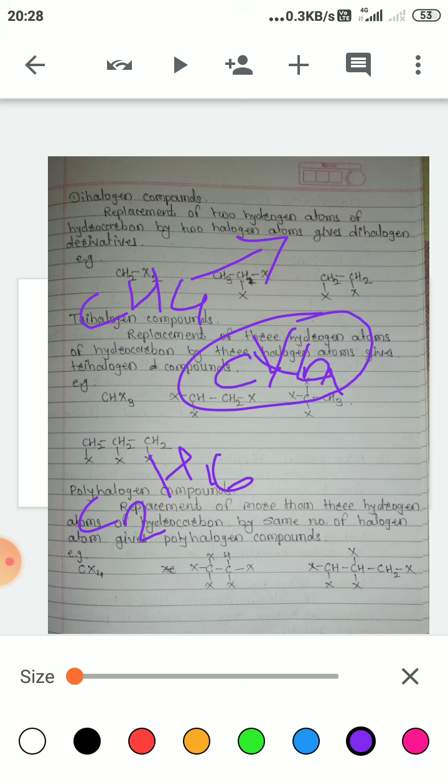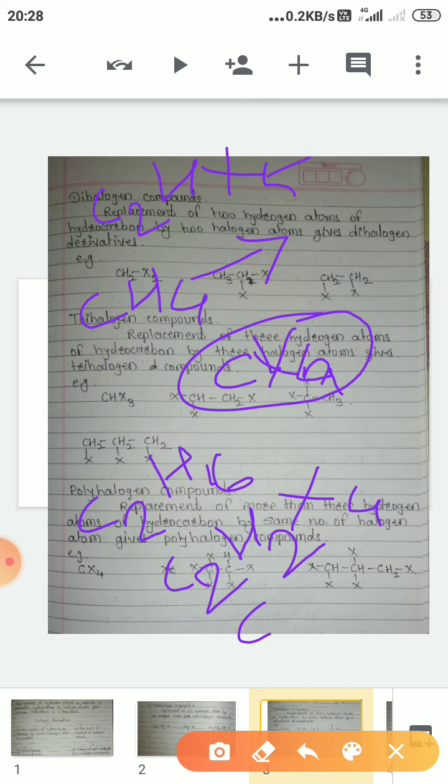If we replace 4 hydrogen atoms by 4 halogen atoms, we get C2H2X4. If we replace 5 hydrogen atoms, we get C2HX5. These are tetrahalogen derivatives, pentahalogen derivatives, and commonly we call them polyhalogen compounds.